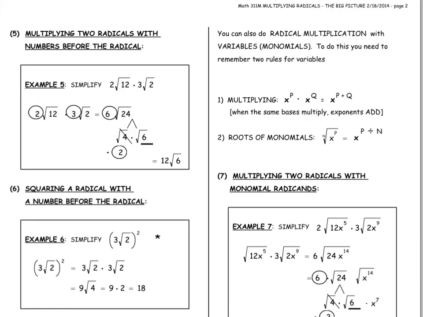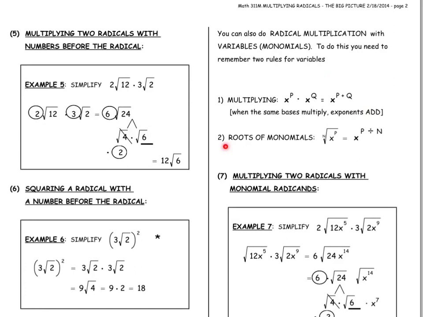The last thing we have to look at when we're doing radical multiplication is when variables are involved. And remember, when we're multiplying regular variables, then x to the p power times x to the q power will give you x to the p plus q power. When the same bases multiply, exponents add. And if these are inside radicals, then the x to the p plus q will be inside a radical.